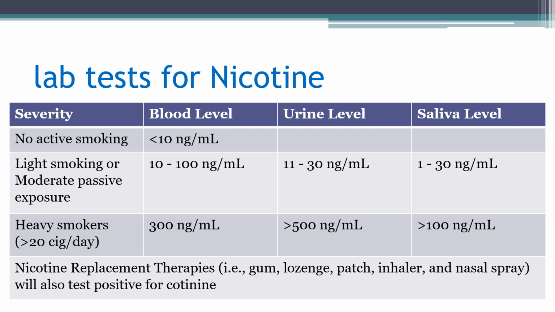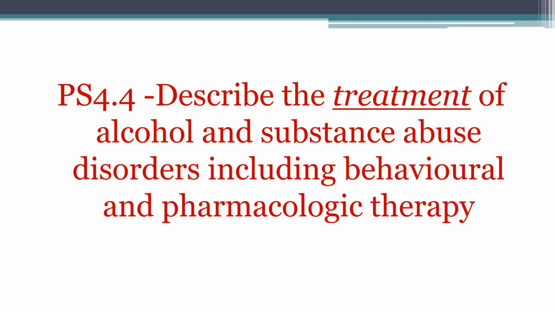The noteworthy point is, if the person is on nicotine replacement therapy, the test may come positive in abstainers. So this was regarding the lab tests for various classes of drugs.